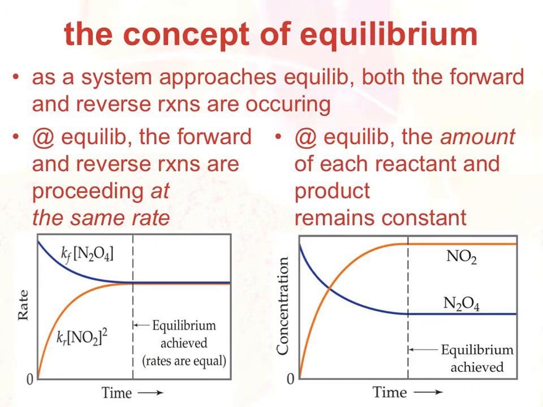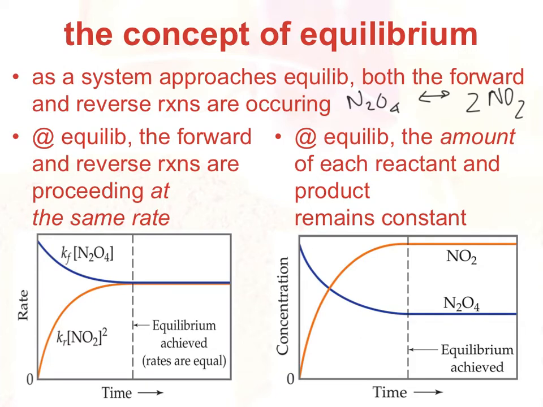As we discussed, a reaction that's approaching equilibrium is going to have both its forward and reverse reactions occurring. If we look at something like N2O4 breaking down to NO2, we end up with both products and reactants being present simultaneously, and a progression towards having equal rates.